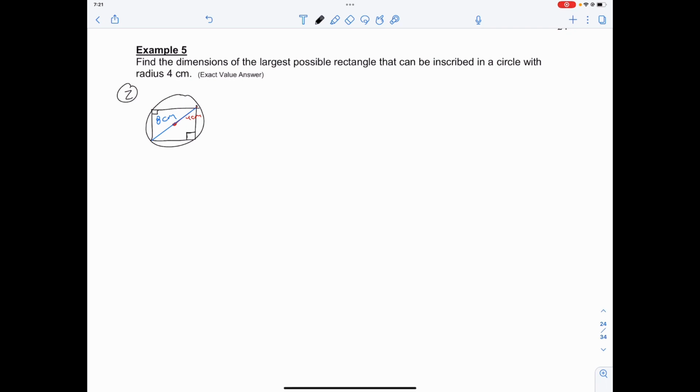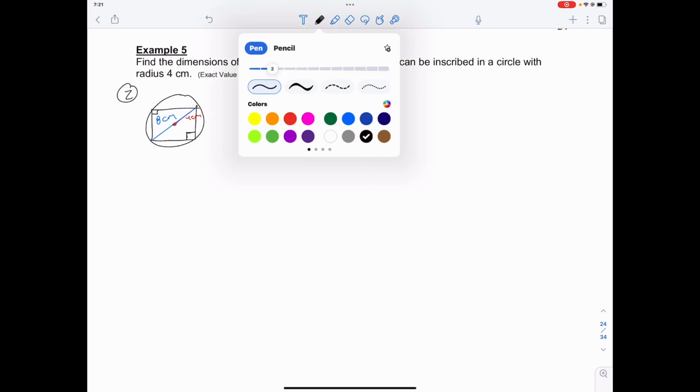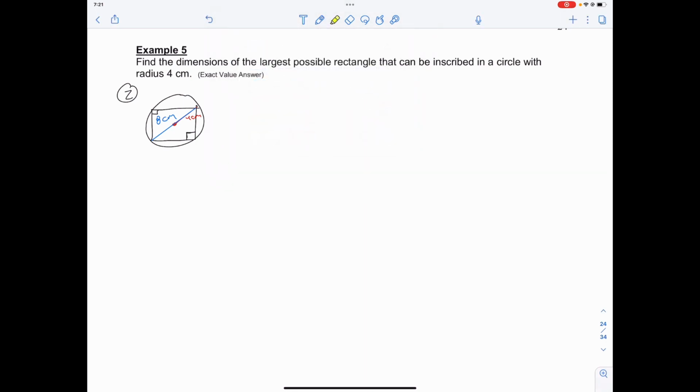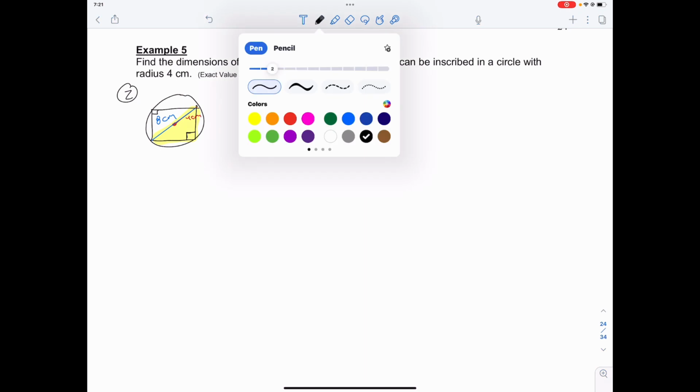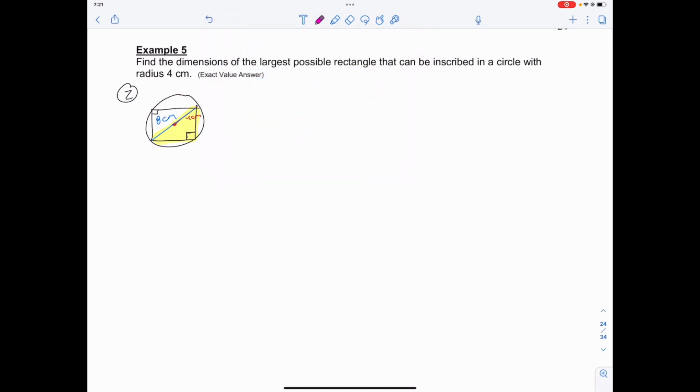We also know that that is going to create a right angle triangle where for a rectangle we have one leg is going to be the length, the other leg is going to be the width.